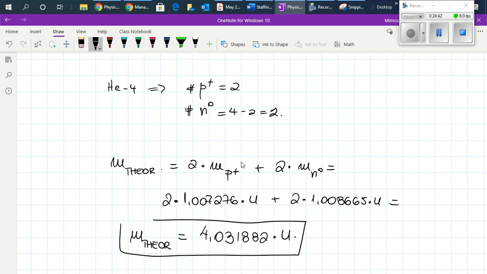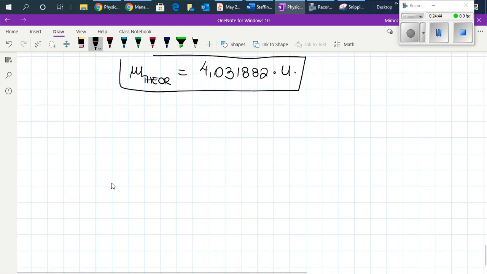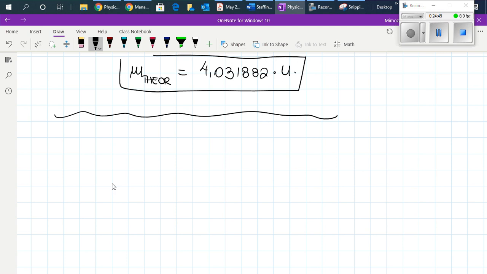However, using a mass spectrometer, the measured mass of helium-4 is slightly less. The mass of helium-4 was actually 4.00260 times the unified mass.